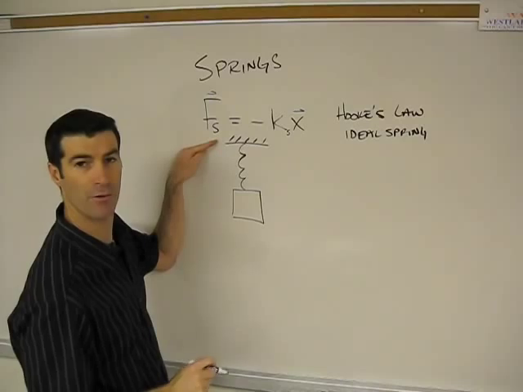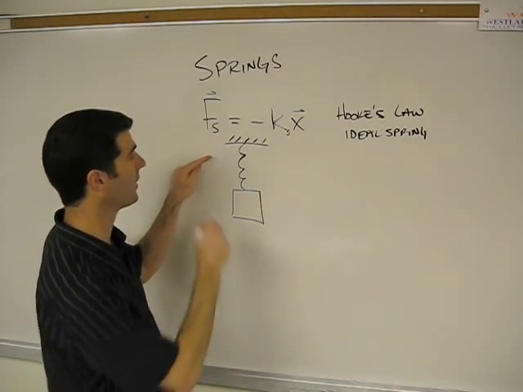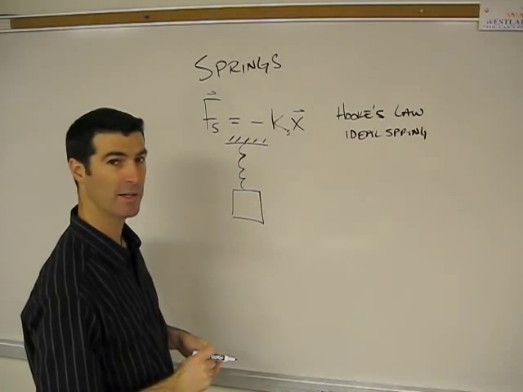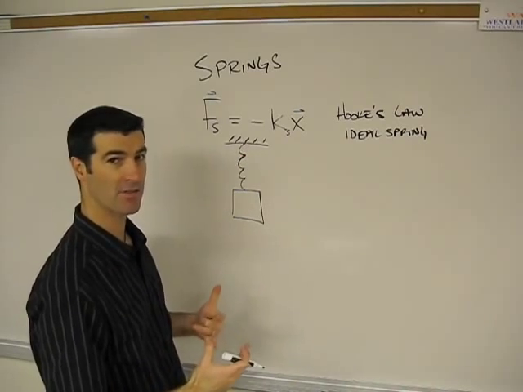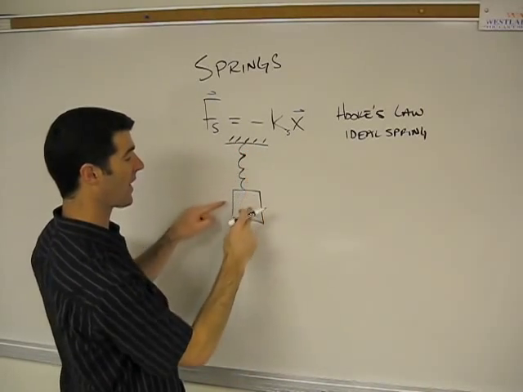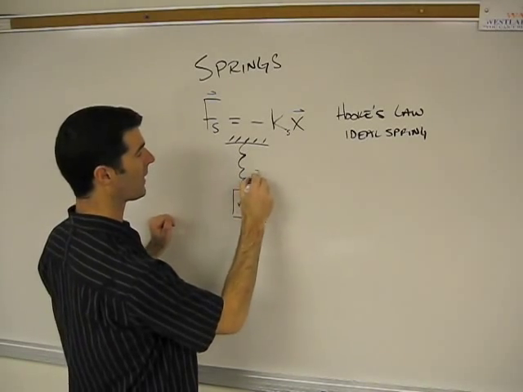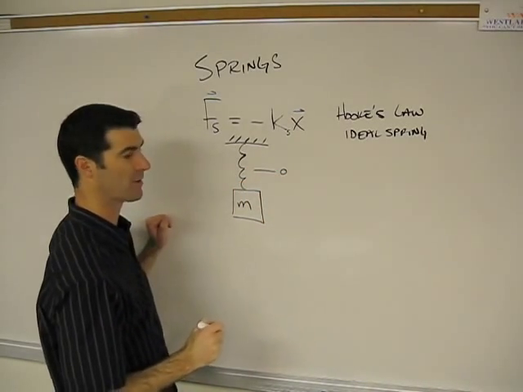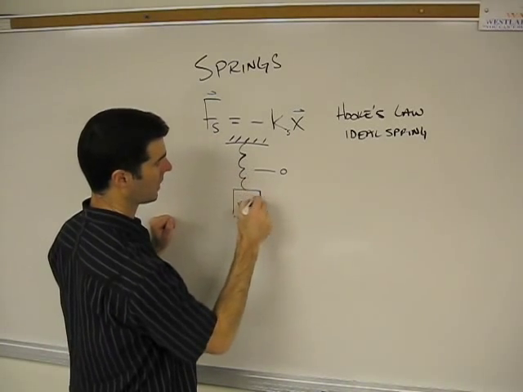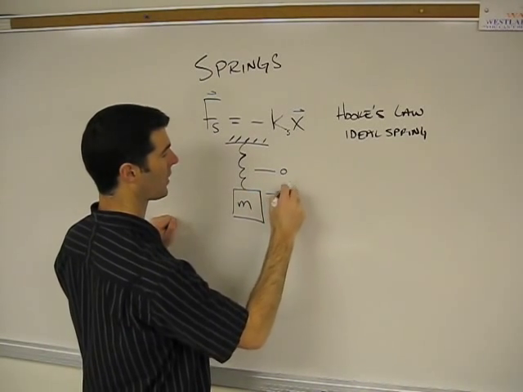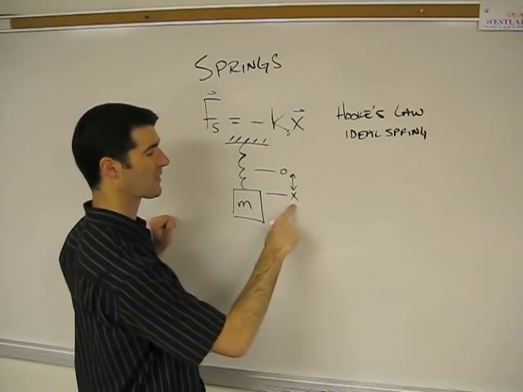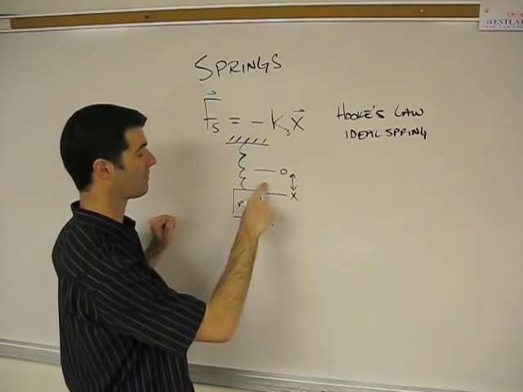There's a symbol for a wall or a ceiling, a line with little hash marks along it to represent a solid object that's not going to move. The spring's attached to that, it's attached to our mass of M. And the original length here, we call that the original length, and then our new length, from here to here, is a distance of x. It's how much it's stretched.